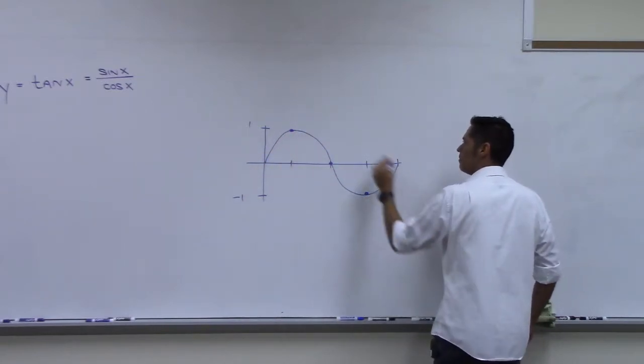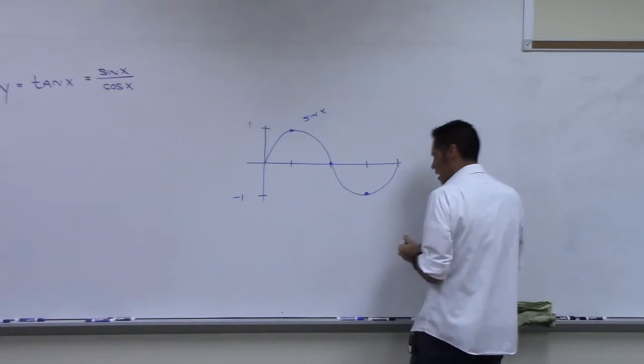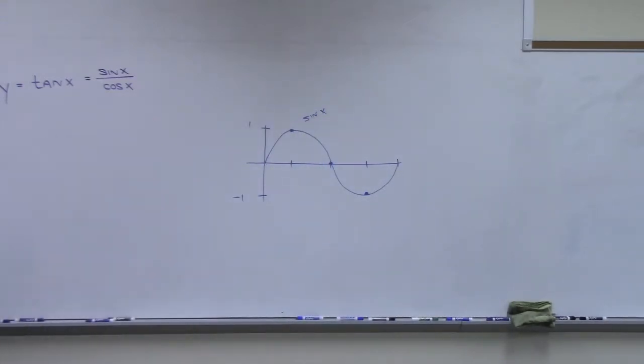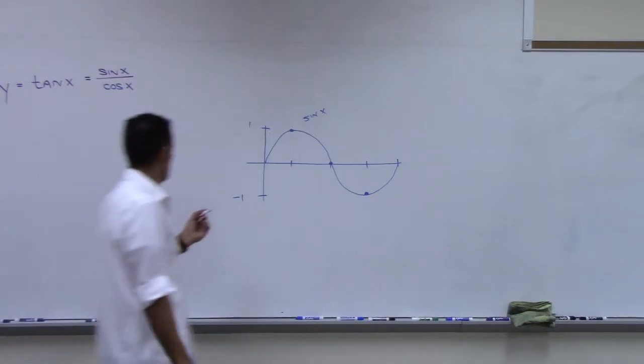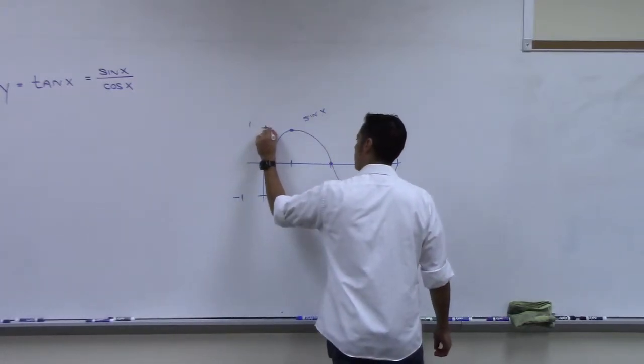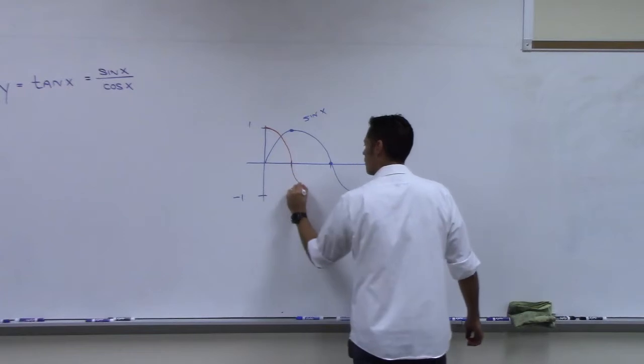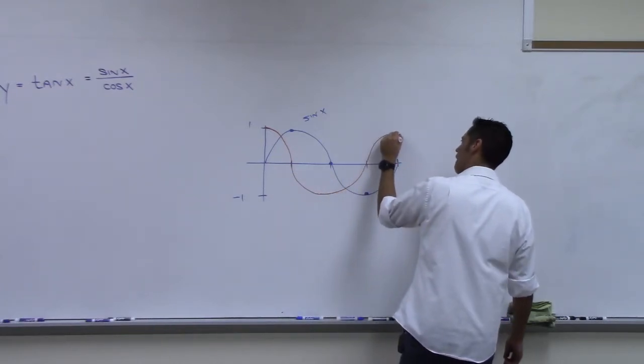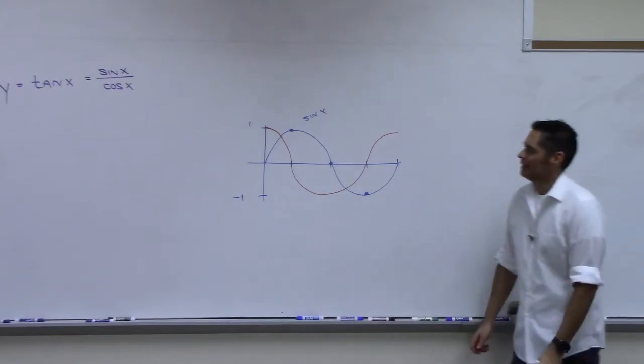There's sine. Yeah, I'll do at least cosine. I'll do that in red. Cosine. What am I doing? Okay. There it is.